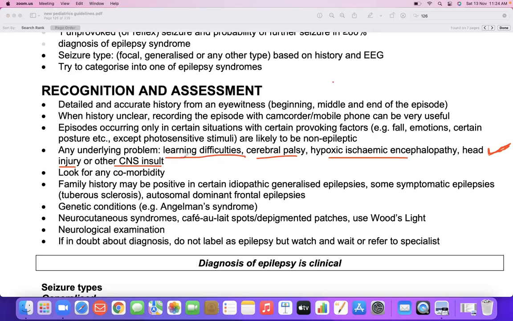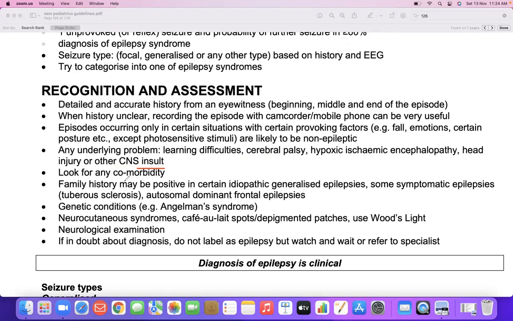Learning difficulties can be, maybe a child has a genetic problem, so you have to ask for that. And cerebral palsy due to hypoxic ischemic insults during birth, and head injury, and any other CNS insults like some acute trauma or acute infections, meningitis, encephalitis, which had provoked.